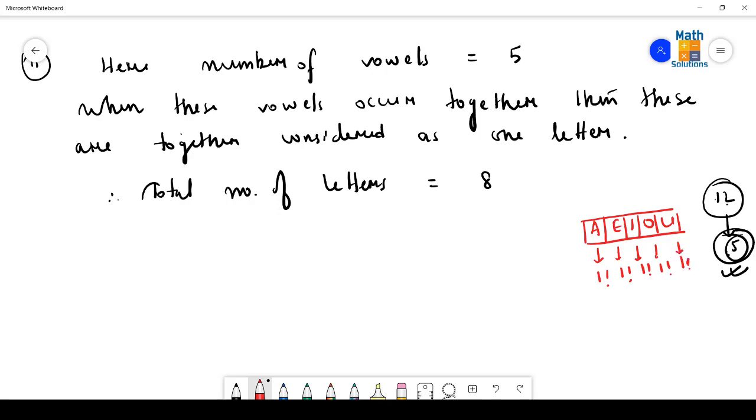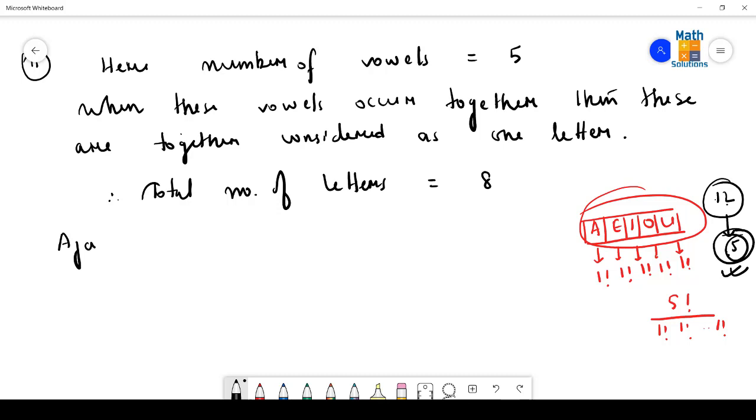So in what way these vowels can be arranged? Following the second theorem, I can write like this: 5 factorial, this is the total number of vowels, divided by 1 factorial, 1 factorial, and it will continue up to the 5th term. I mean, in the denominator part, 5 1 factorials I need to write.